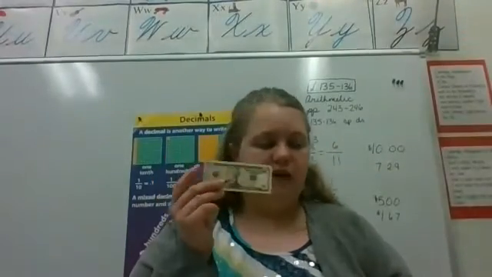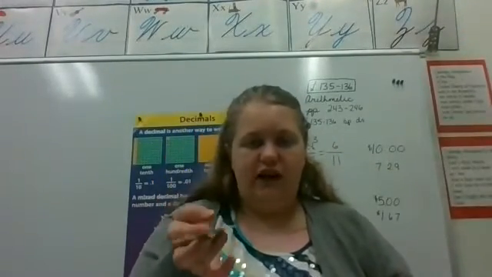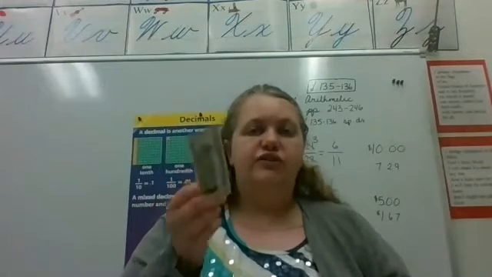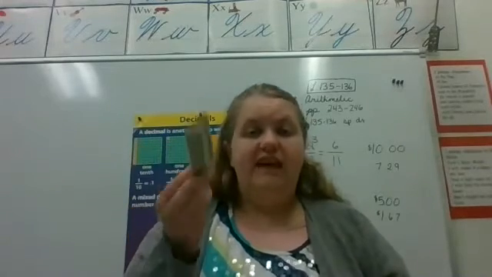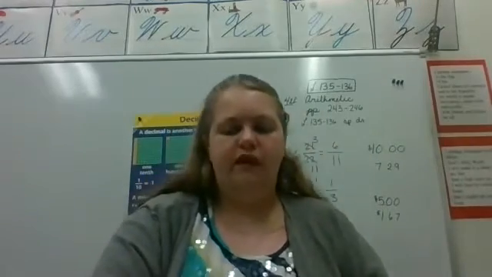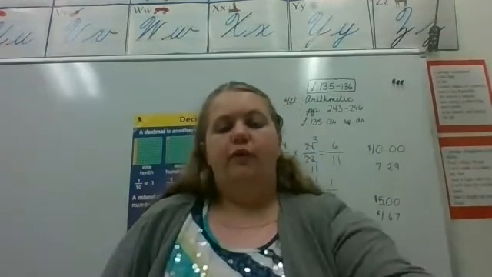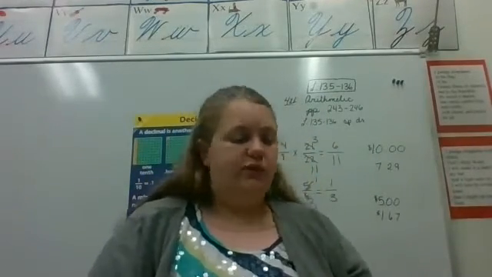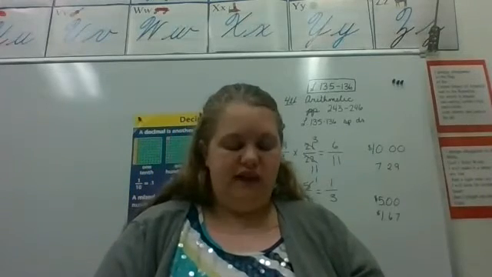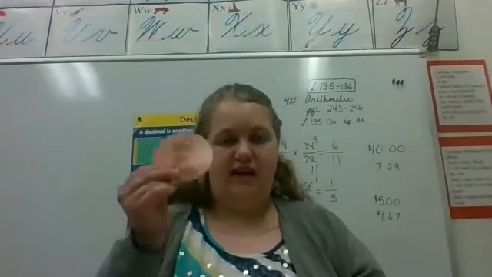So I have a $10 bill, and I'm going to hand this to the cashier, and they're going to give me change. And there's a way to count back change to get back up to $10. Okay, so what we do is start with the lowest denomination. We have $7.29. The easiest is to start with the penny, okay?